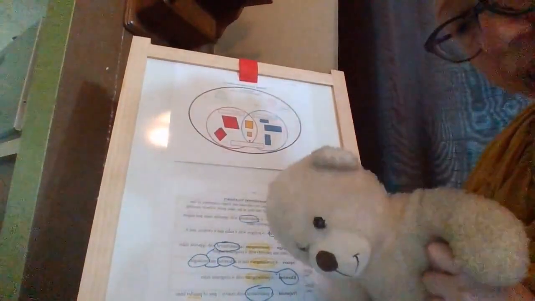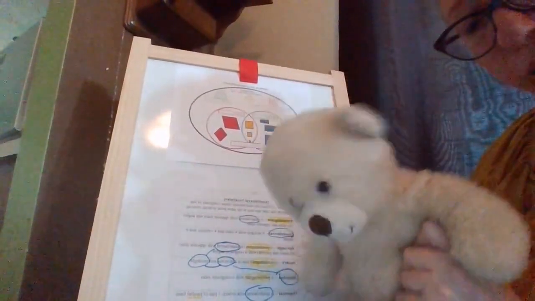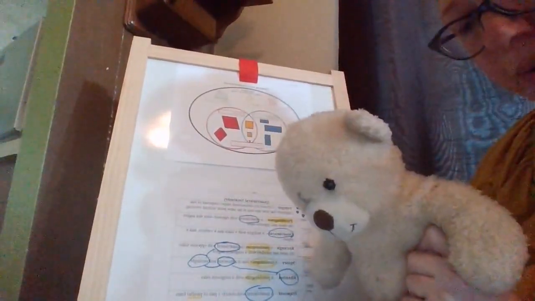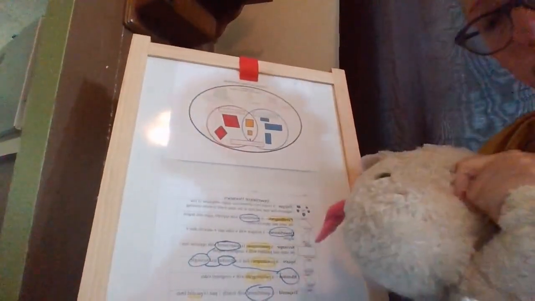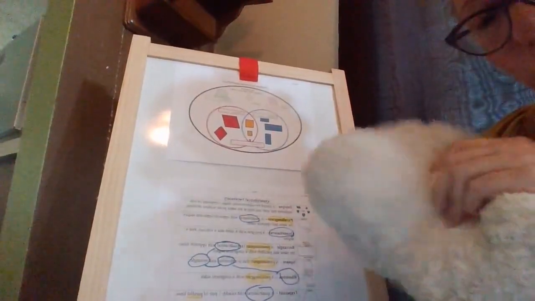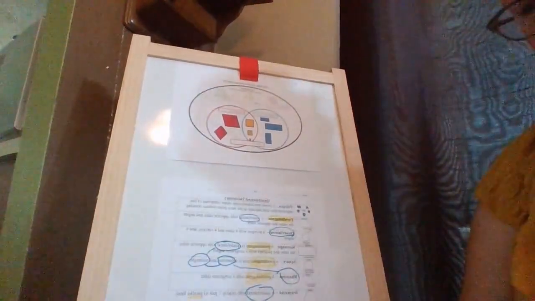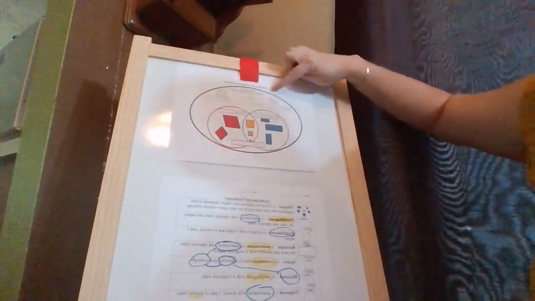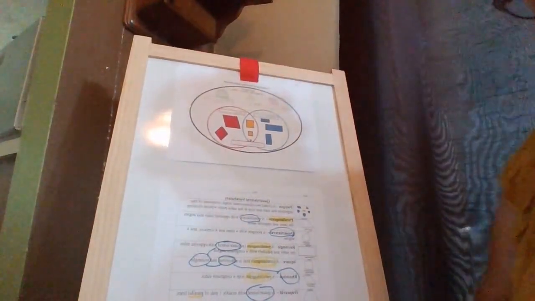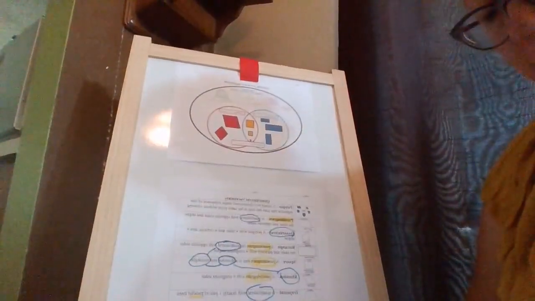To classify means to name a figure or object according to its attributes. Great job. And what does sort mean? Sort means to group things according to how similar they are. Great job. So we are going to sort and classify these things according to how similar they are.